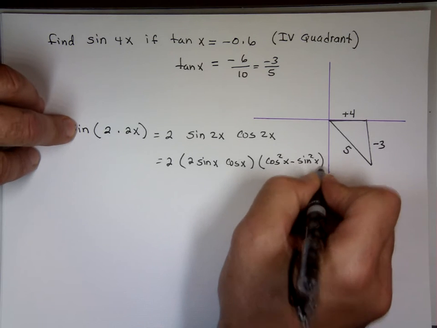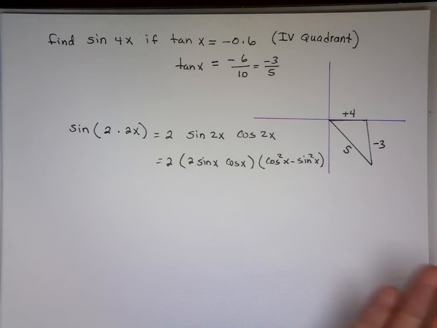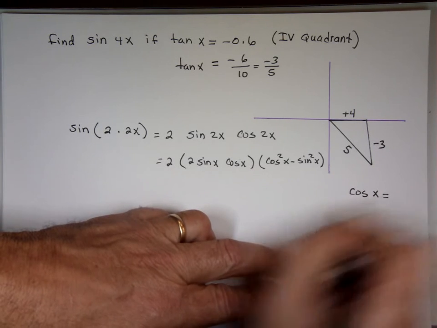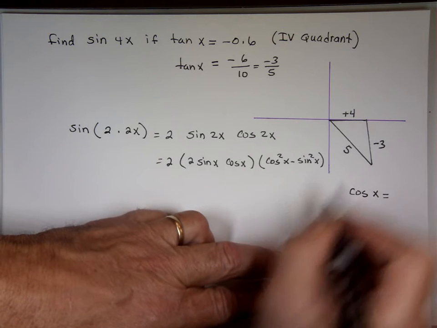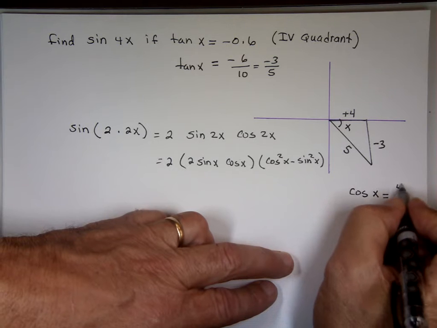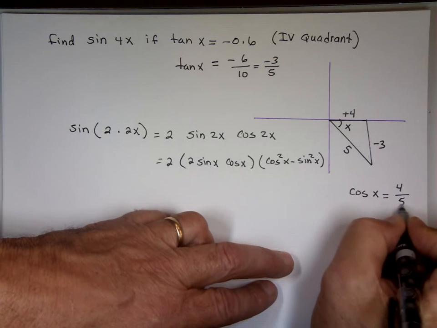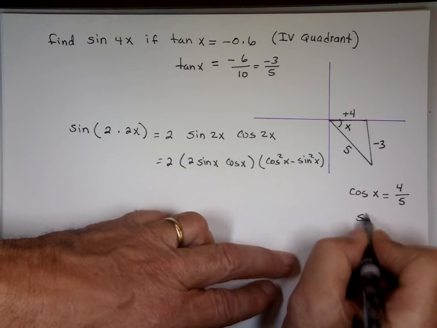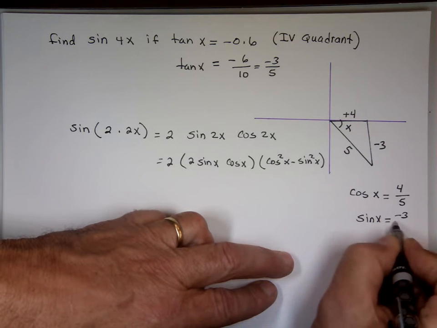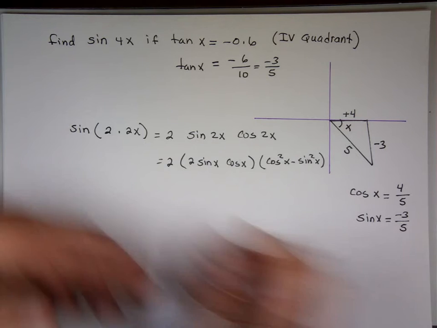So if I know what the cosine and sine are, I'm done. What is the cosine of x from this picture? The cosine is the adjacent over the hypotenuse. What's your adjacent? 4. What's the hypotenuse? 5. The sine is the opposite over the hypotenuse: negative 3 over 5. Now plug them in.